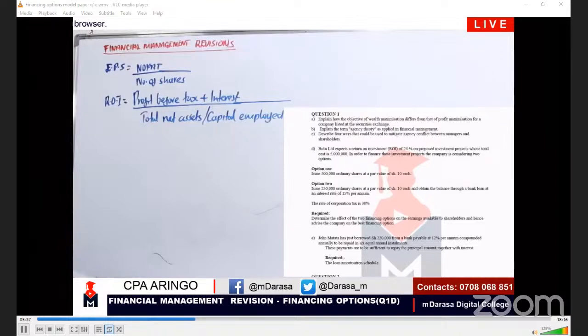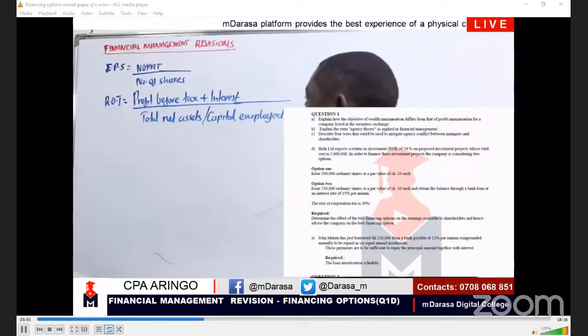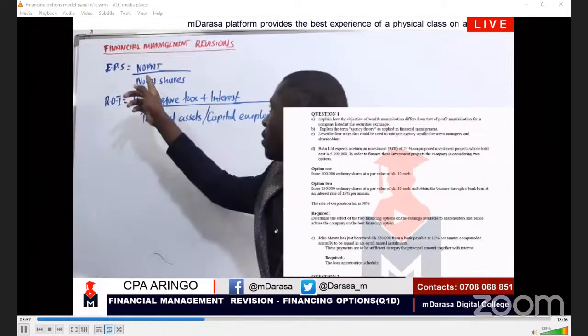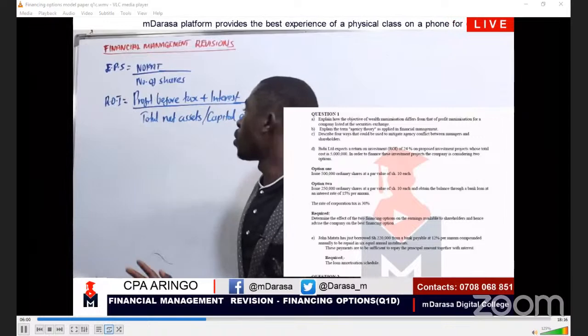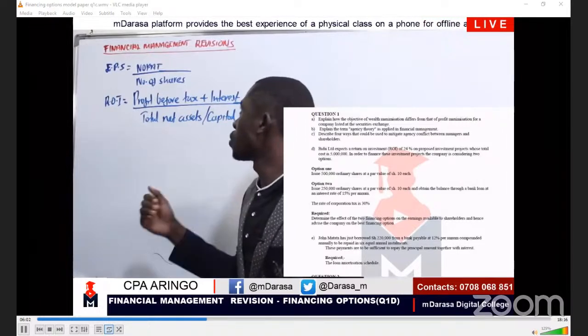So in such a case, my good students, it will be very important for us, first of all, to know our profit before tax and interest. Were we given our profit before tax and interest? Because remember, for me to achieve my net profit after tax, I need to have our profit before tax and interest to deduct our tax.